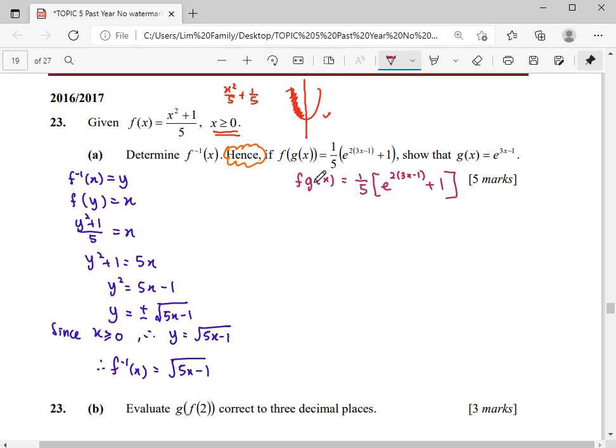So we will substitute our g(x) into our f(x). We don't have any g(x), we need to find it. So we substitute our g(x) into our f(x). So we will get g(x) squared plus 1 over 5.